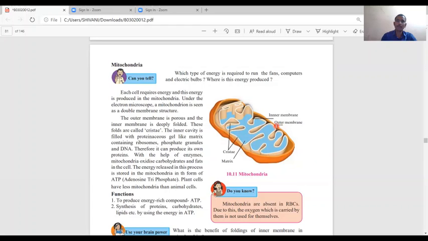This is the outer membrane of the mitochondria, and this is the inner membrane. The outer membrane is porous and the inner membrane is deeply folded. The deep folds are known as cristae.